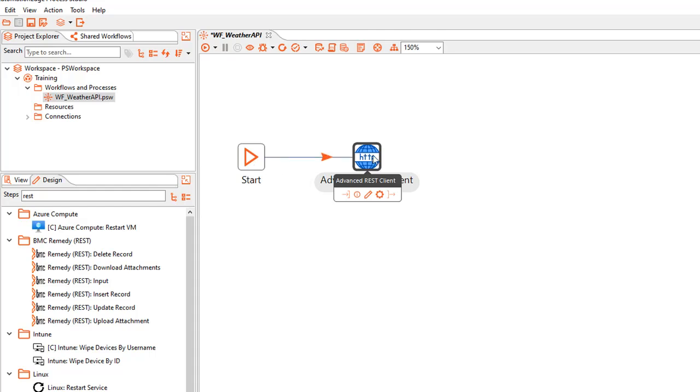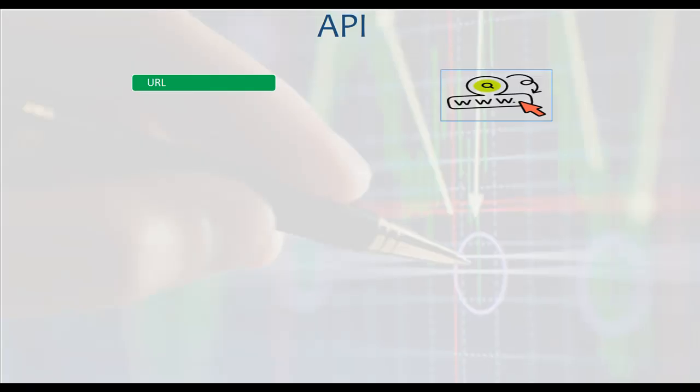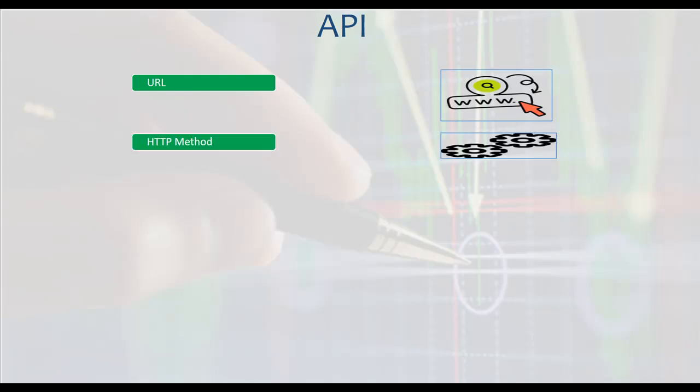Before configuring the REST client step, let us see some essential parts required to call a REST API. First is the URL endpoint. It is the URL link that represents the resource we want to access. Resources can be text, image, document or any data entry. Then HTTP methods such as GET, POST, PUT, PATCH and DELETE are used in RESTful API development to specify the type of action being performed on a resource.